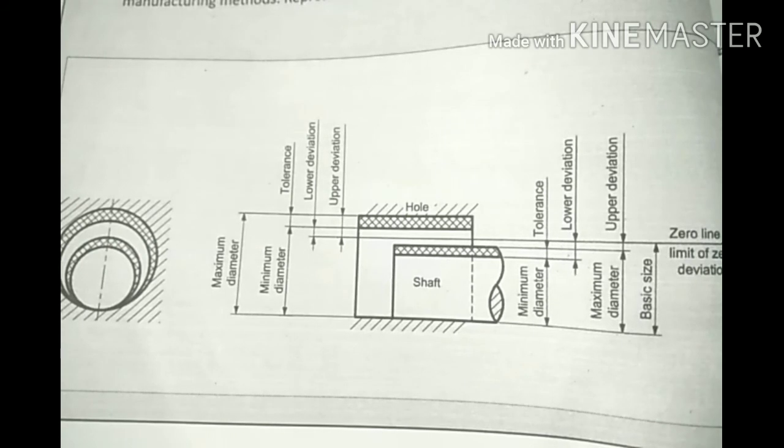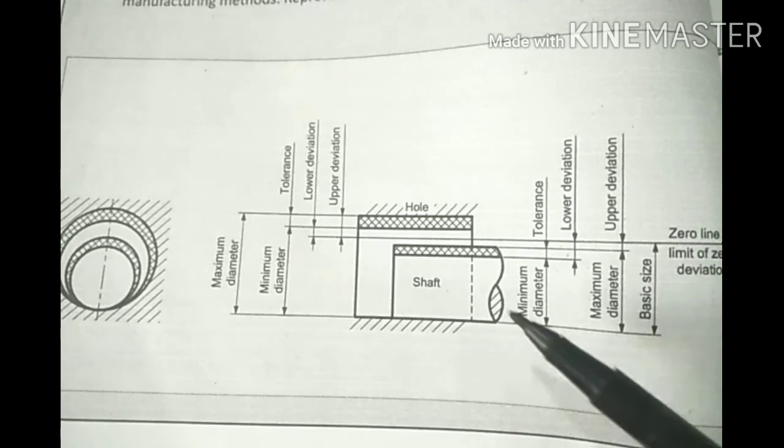Now actual size. Actual size means the size or dimension of a component as may be found by measurement. This is the basic size of the drawing. And after manufacturing, if you are measuring the size with the help of different measuring instruments, that will be the actual size.